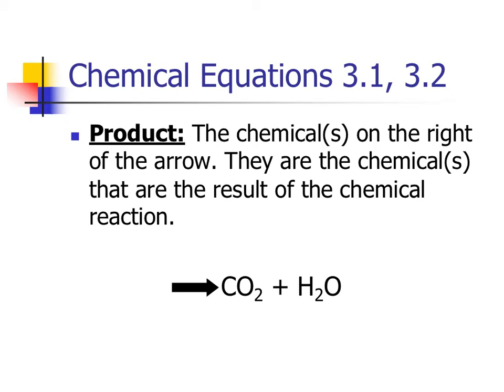Carbon dioxide and water are always the two products of a chemical reaction dealing with combustion. Not all chemical reactions produce carbon dioxide and water, but all combustion reactions do.